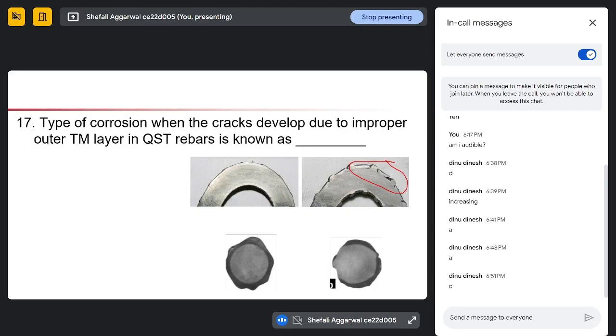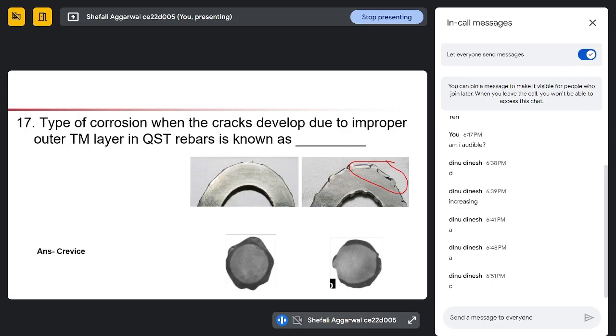What is this type of corrosion called? It is a type of crevice corrosion.